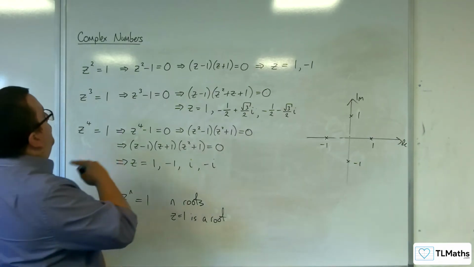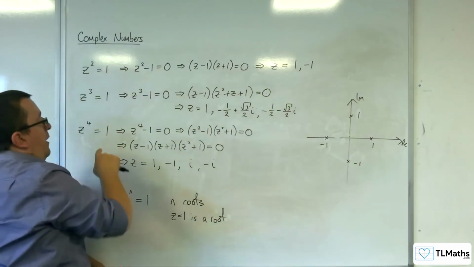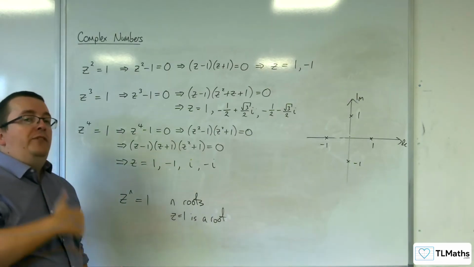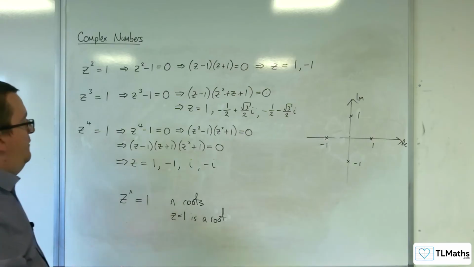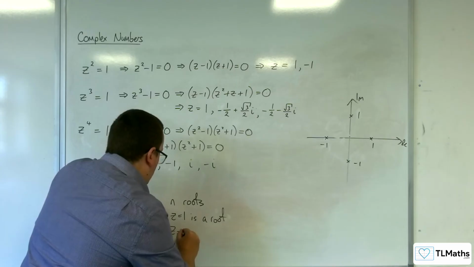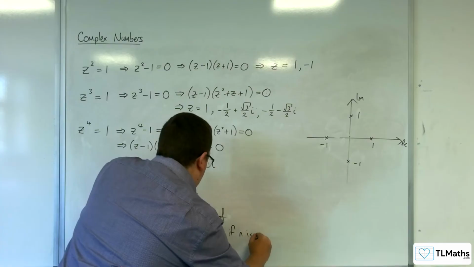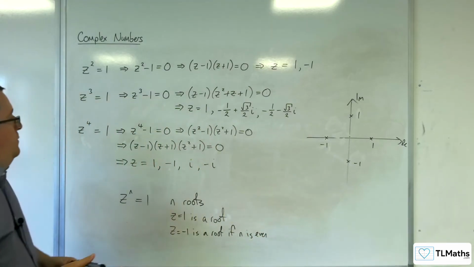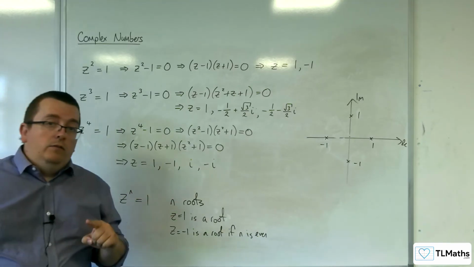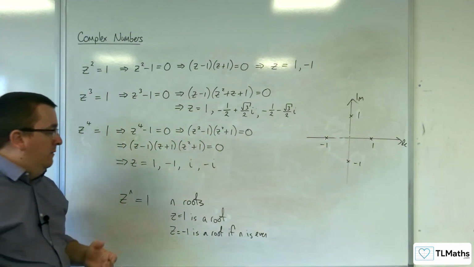And you've got minus 1 appearing as a root there, and minus 1 appearing as a root there, and you would expect minus 1 to appear again for z to the 6 equals 1. So if n is even, then z equals minus 1 is a root. These are things that we are noticing. Then also, the modulus of each root is equal to 1.